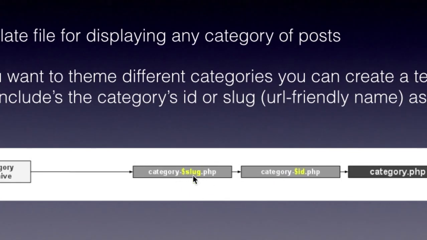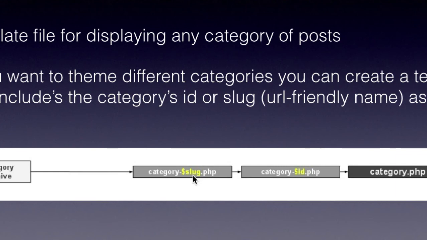Now the slug is essentially the name of the post, but it's a URL-friendly name. Things like apostrophes are removed and spaces are converted to hyphens and things like that. That's something that you can find when you look at the post in the admin section itself, or when you create a category, it will tell you what the category slug is there.